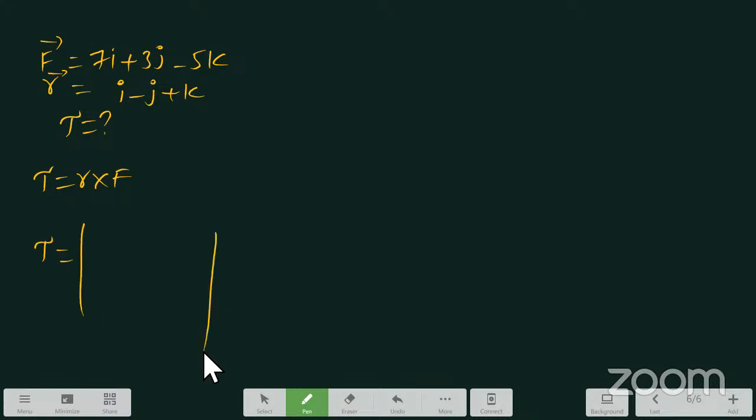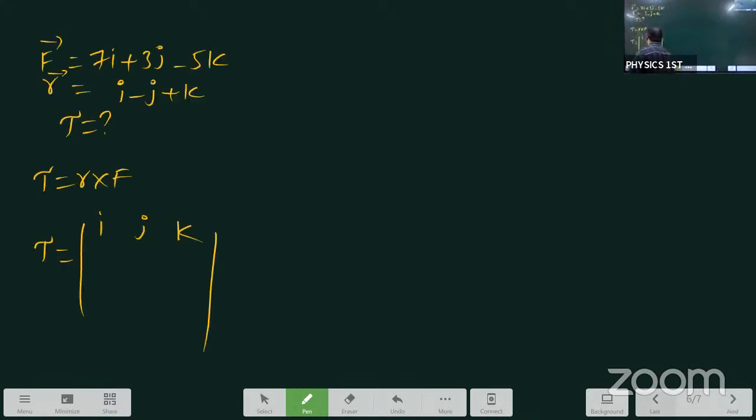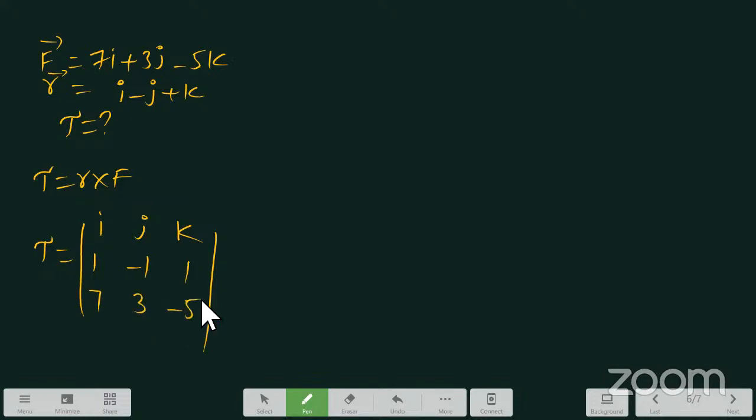Mathematically, it is a very simple problem. Tau equals r cross F, with r coordinates 1, minus 1, 1 in i, j, k and F as 7, 3, minus 5.